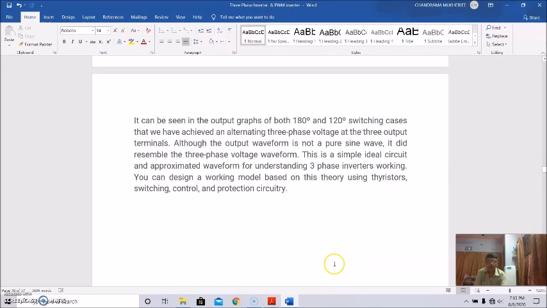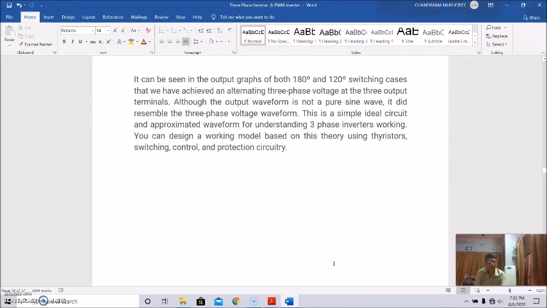So I hope you have listened to the lectures carefully, and I have once again described the entire operation of the three-phase inverters, both in 180 degree conduction mode and 120 degree conduction mode, for your better understanding.